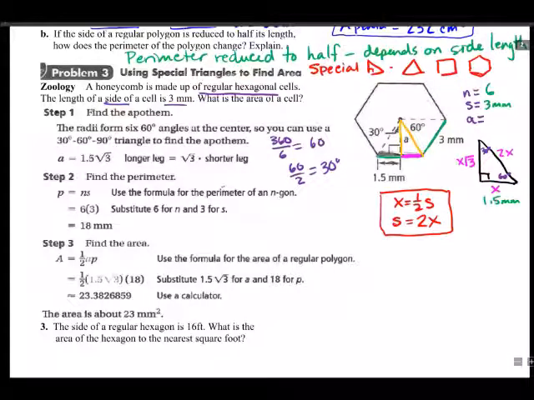If this is 1.5 millimeters, I can fill in all of these other sides. 2 times 1.5, this side here is 3 millimeters. My hypotenuse is 3 millimeters. If x is 1.5, then the other leg is 1.5 square root 3 millimeters. Now, which one of these sides is the one that we want? We still need our apothem, and our apothem is this right here, right?